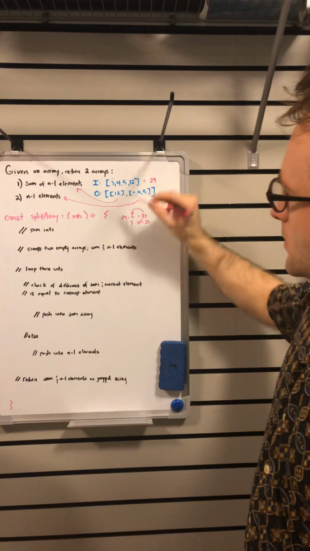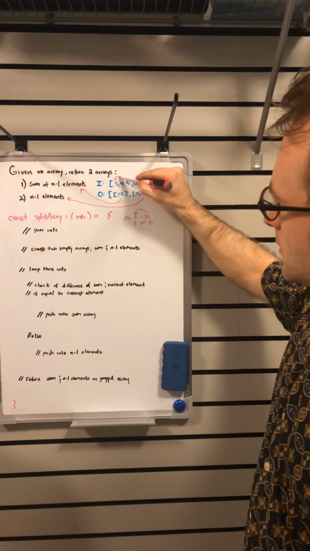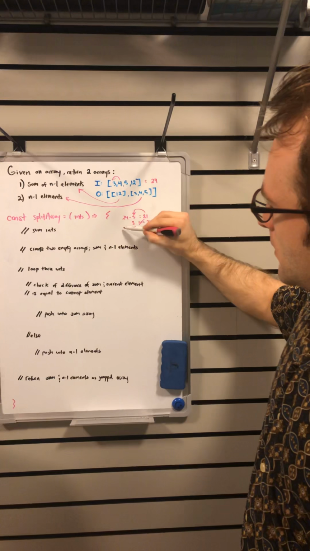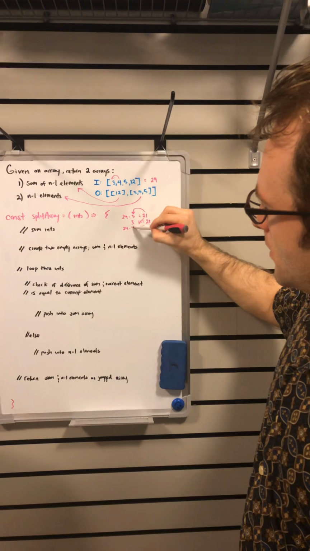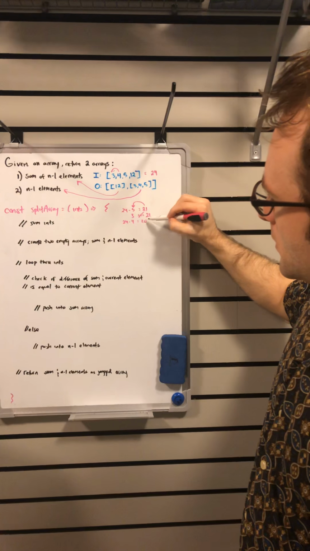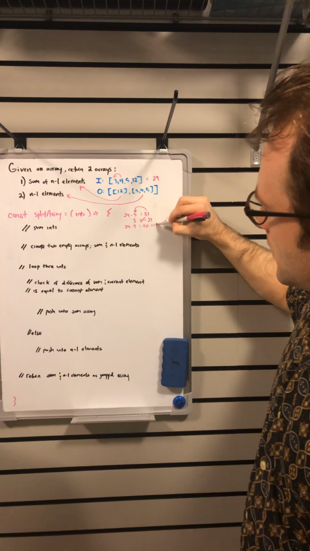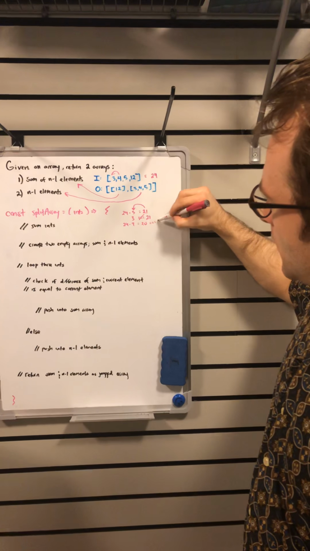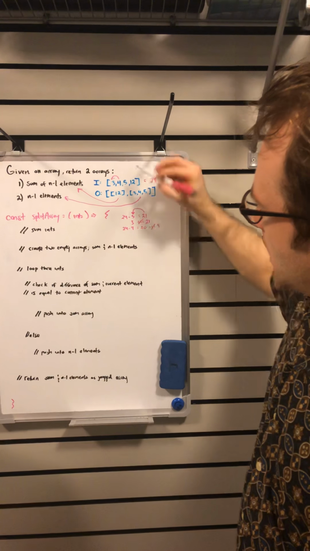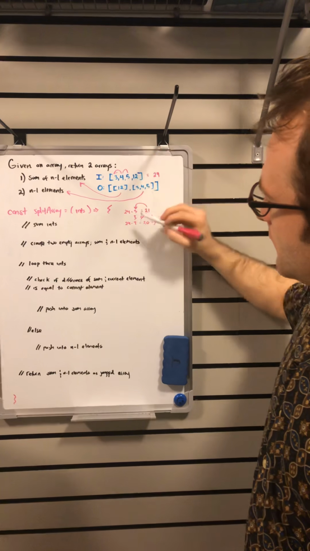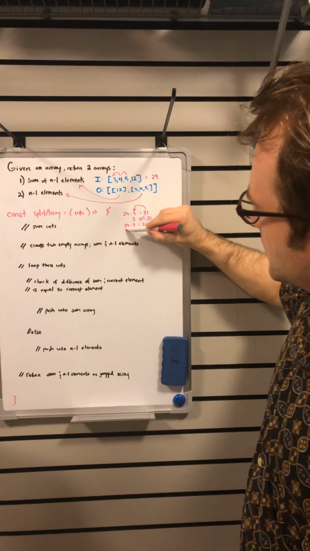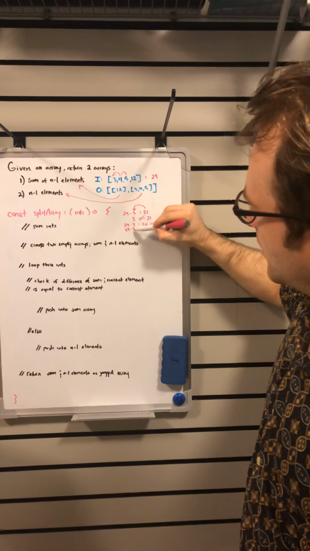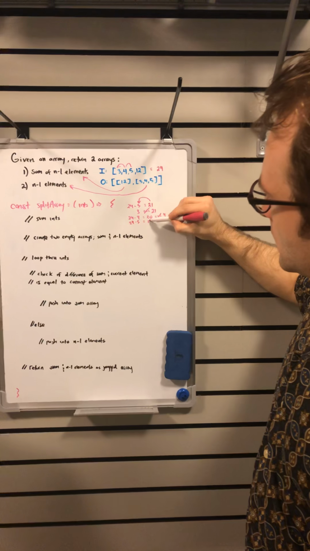Is 3 equal to 21? No. So then we move on to 4. We ask 24 minus 4. Is 20 equal to 4? No, it's not. So we move on to 5. We ask the same thing. 24 minus 5 equals 19.